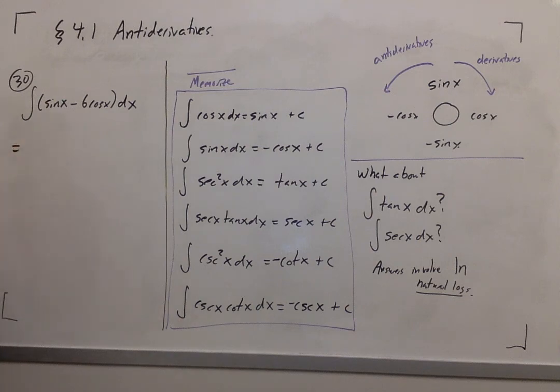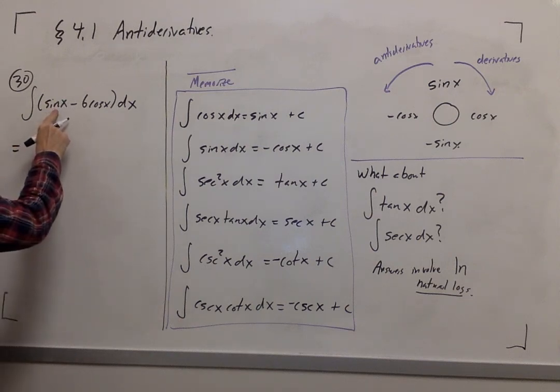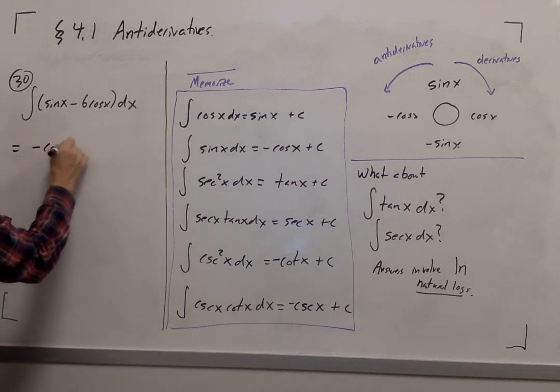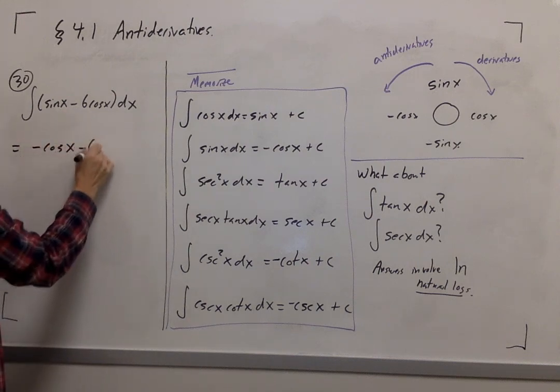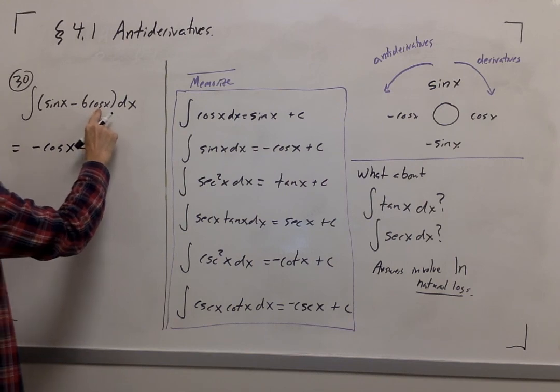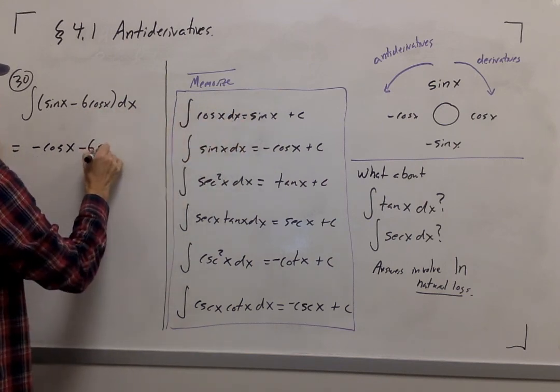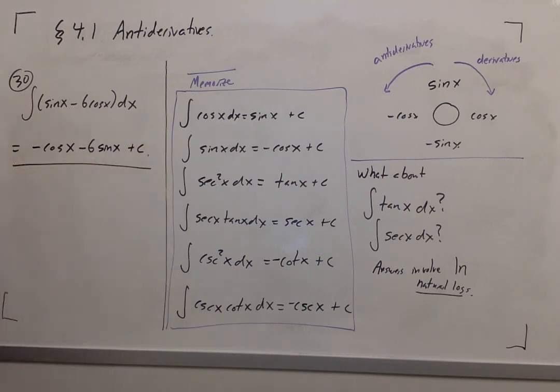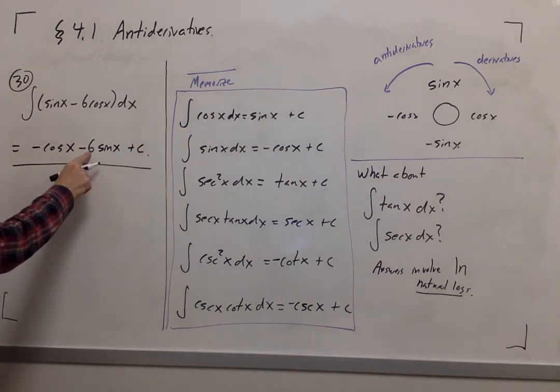And we'll just do that term by term. The antiderivative of sine x is negative cosine x minus 6 times the antiderivative of cosine, which is sine. So in that, I used the antiderivatives together with the constant multiple rule.